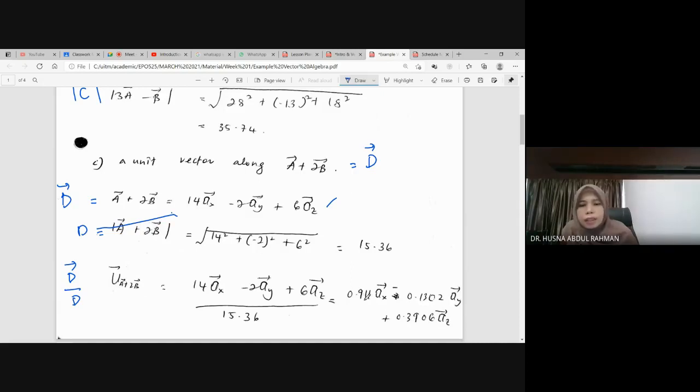So 0.911 squared plus negative 0.1302 squared plus 0.3906 squared, and then you square root. Do you get 1? Can you try? Do you have a calculator? Do you get 1?